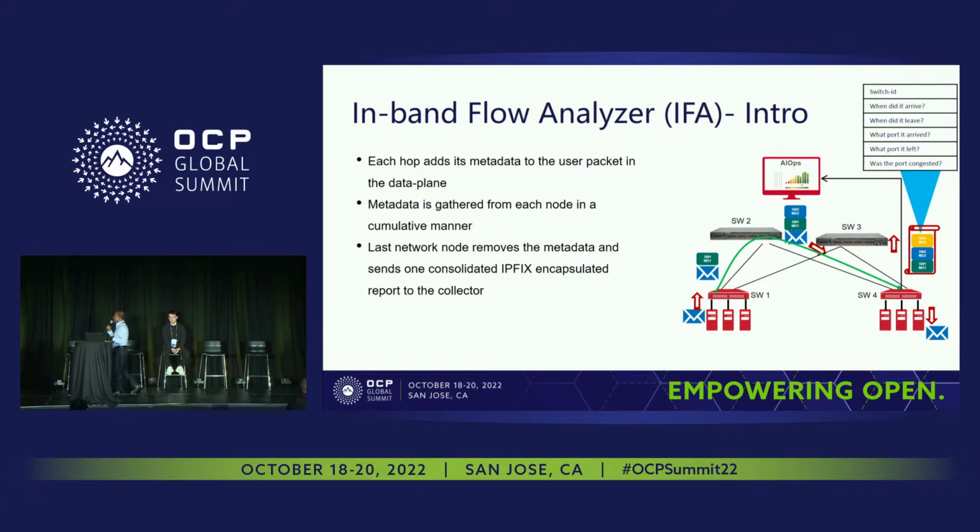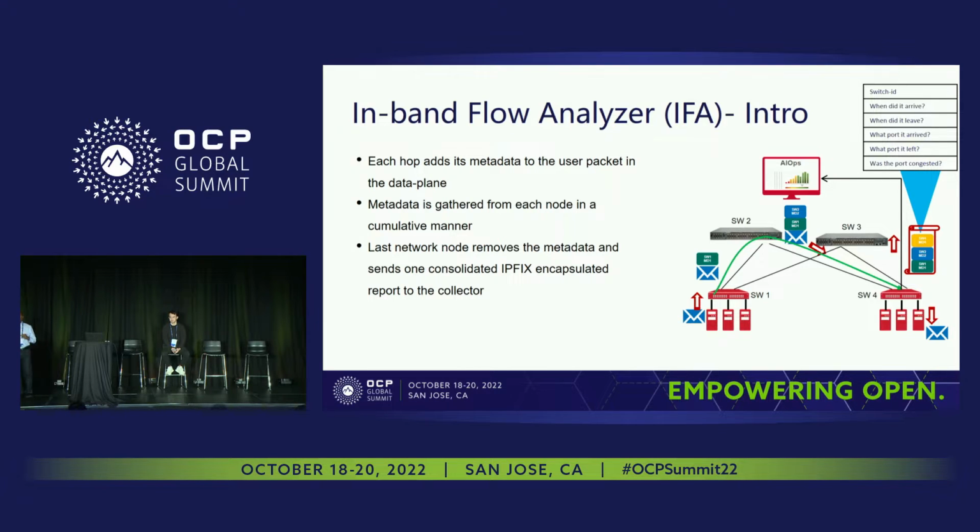We will discuss those. And the idea here is, you are probably familiar with ERSPAN and other technologies where each hop is sending a copy of the packet and some metrics with it. The problem with that is if a packet is traversing 5 hops, you get 5 reports. If a packet is traversing 10 hops, you get 10 reports. That means the collector has to deal with a lot of load and synthesize that data to gather analysis or analytics.